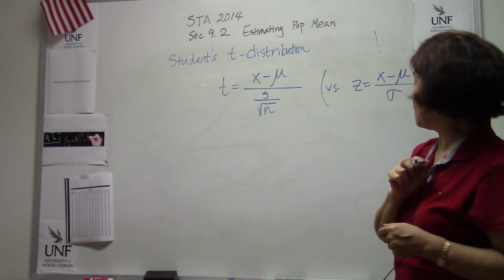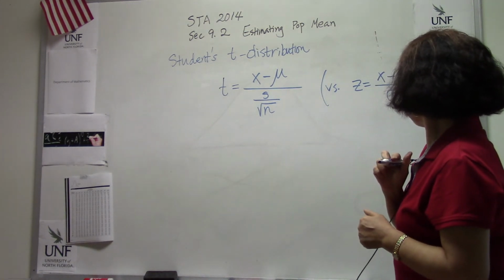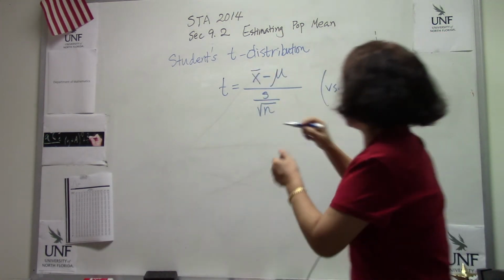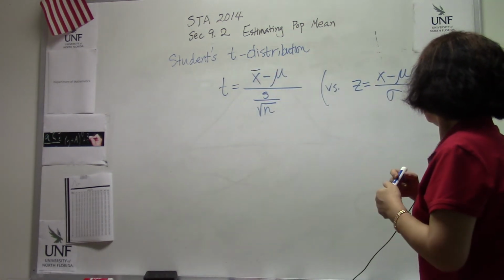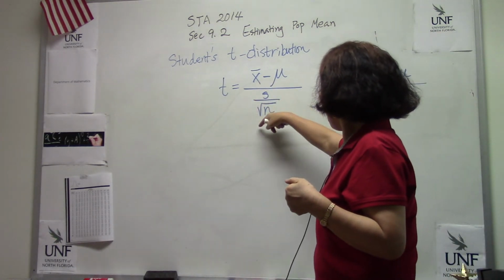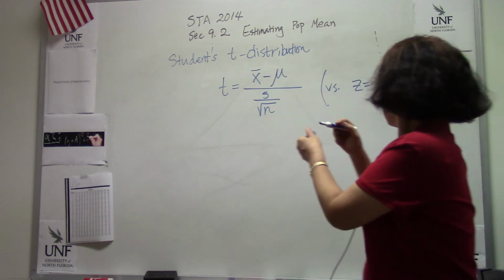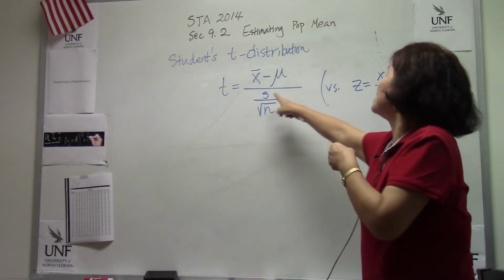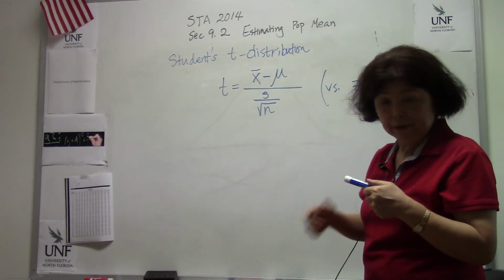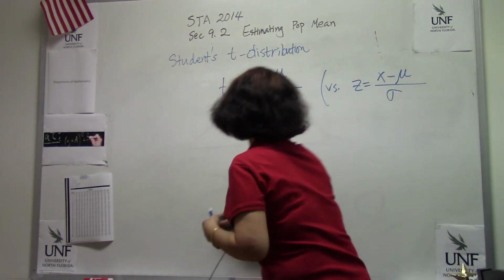It's simple, correct? On the other hand, here is X bar, so X bar minus mu over sigma over square root of n. Not just sigma, but here S is the standard deviation of the sample. So it looks more complicated.